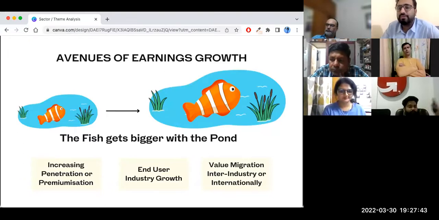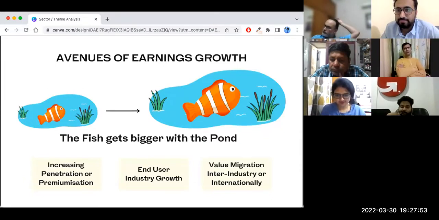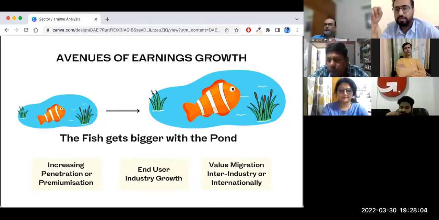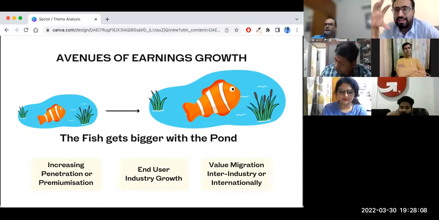Then the name of the game actually changes, right? The game then becomes premiumization, right? Which is, if the industry before was actually selling low value products, now they are shifting towards high value products, right? 20 years ago, was there any Sensodyne in the market?